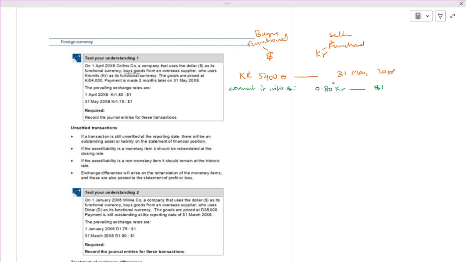How much have they purchased? They have purchased 54,000 KR, equal to how many dollars? 54,000 divided by 0.8. One minute.